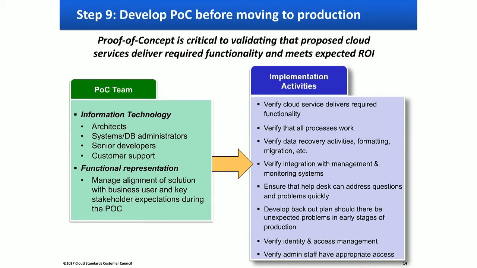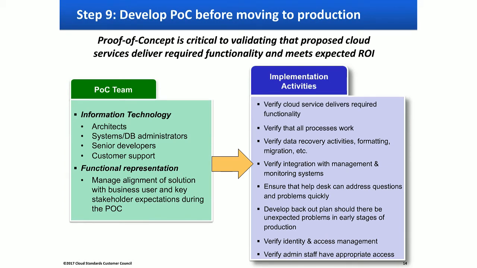If you have a complex hybrid architecture, if you have multiple cloud service providers providing data, management tools, your help desk is going to need visibility into that, and is going to need to have scripts and a clear line to escalate problems that they can't solve. They're going to need to know where to go.